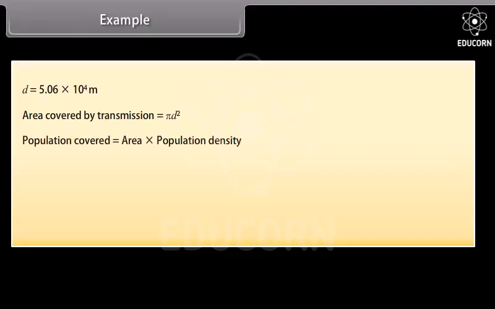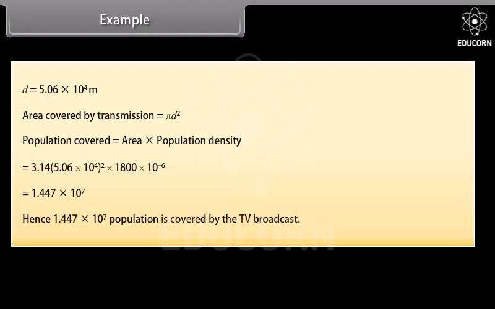Population covered is equal to area times population density. Now, put the values and calculate. We get 1.447 times 10 raised to the power 7. Hence, 1.447 times 10 raised to the power 7 population is covered by the TV broadcast.